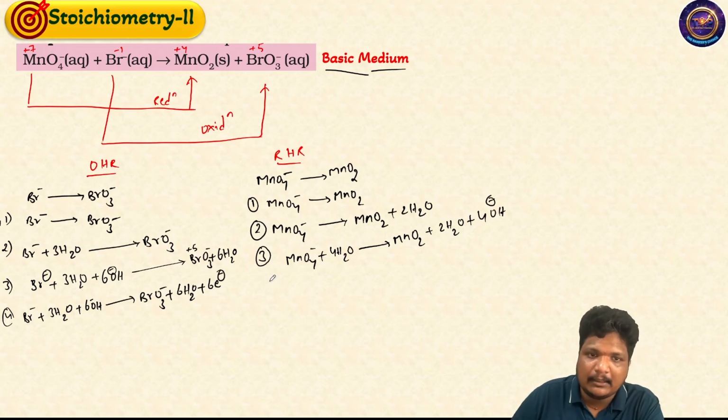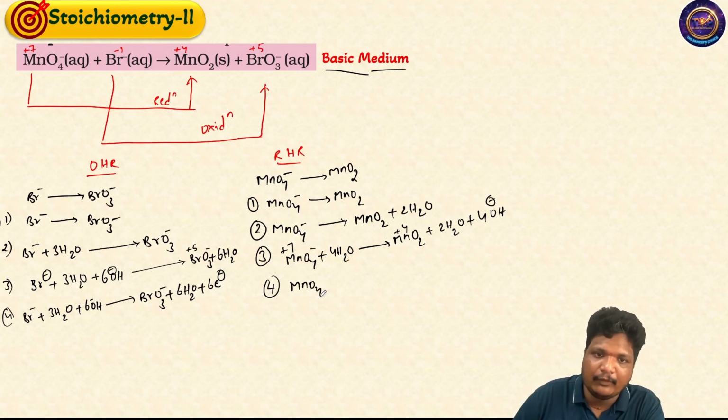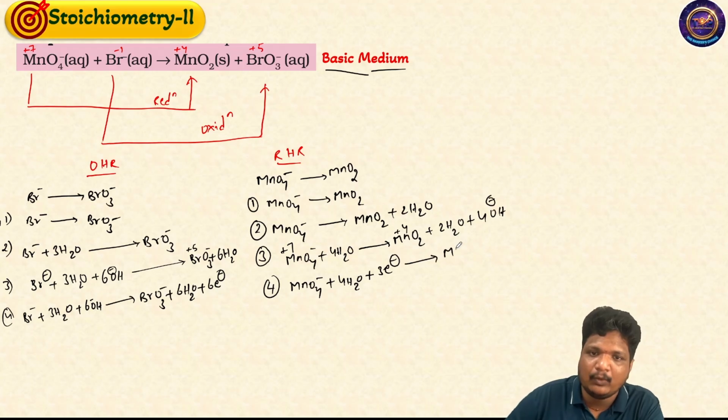In the reduction half-reaction, manganese goes from +7 to +4, which means there will be a gain of 3 electrons. So MnO4 minus plus 4H2O plus 3 electrons gives MnO2 plus 2H2O plus 4OH minus.